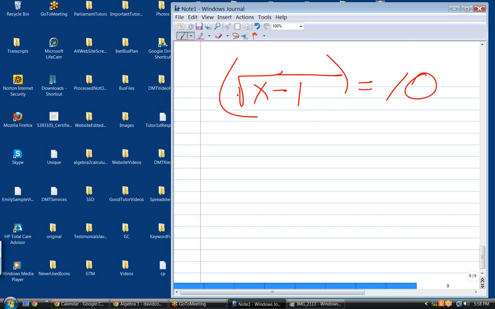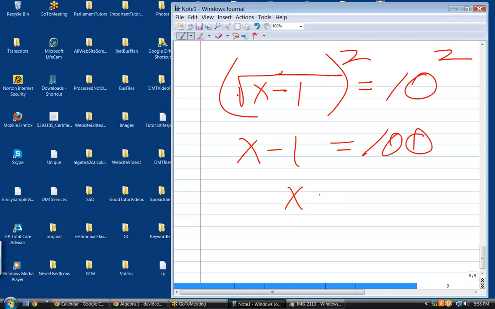So let's square both sides. What's the next line? x minus 1 equals 100. And the last line? Add 1 to both sides. So x equals 101. That's how you solve radical equations.